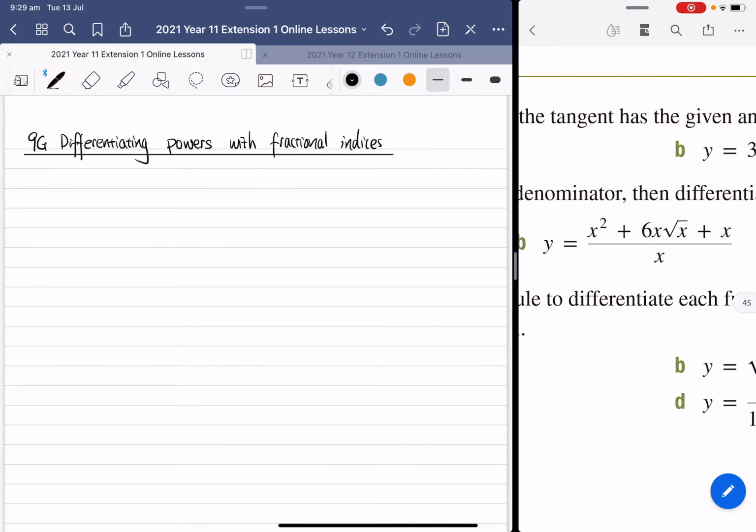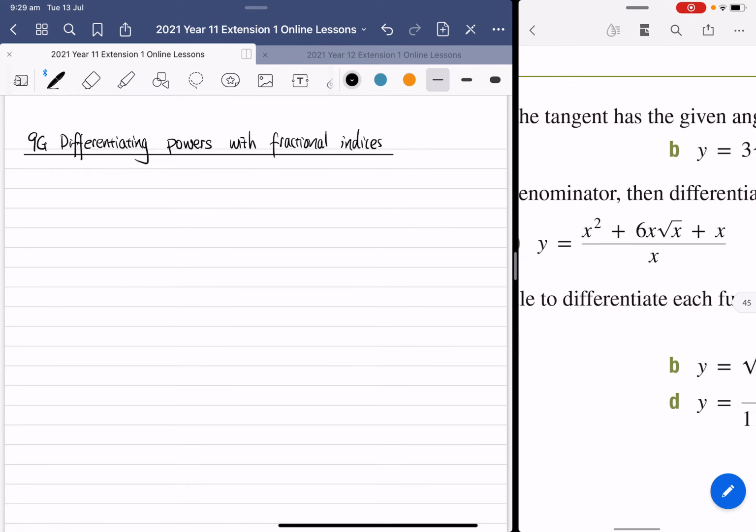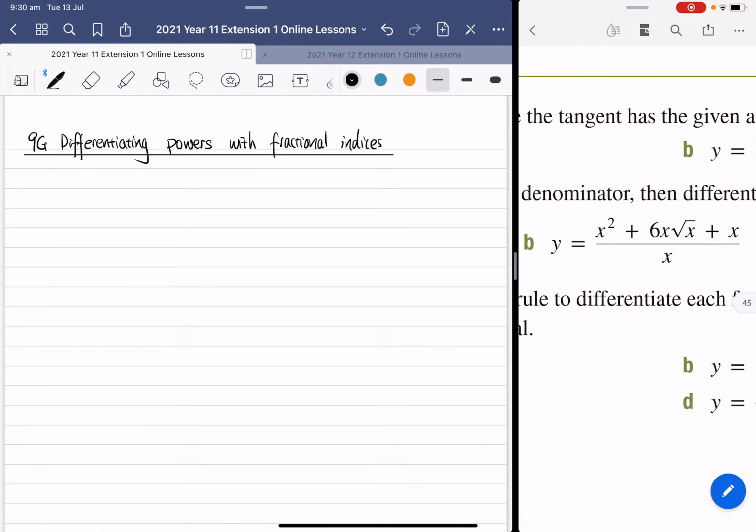So this is question 9b. y is equal to x squared plus 6x square root of x plus x, all over x. The first step is, instead of differentiating it, you want to simplify this. You want to divide every single term by x.